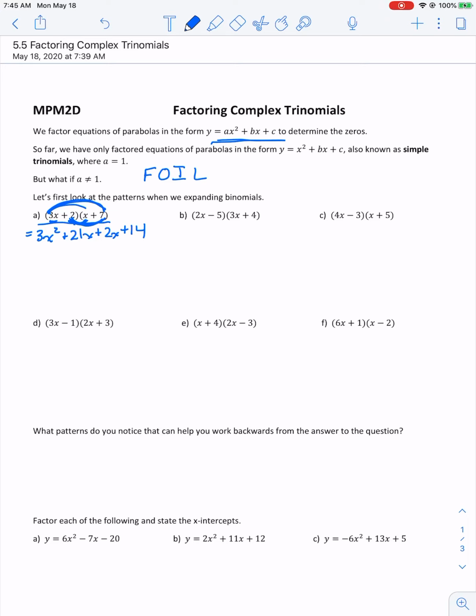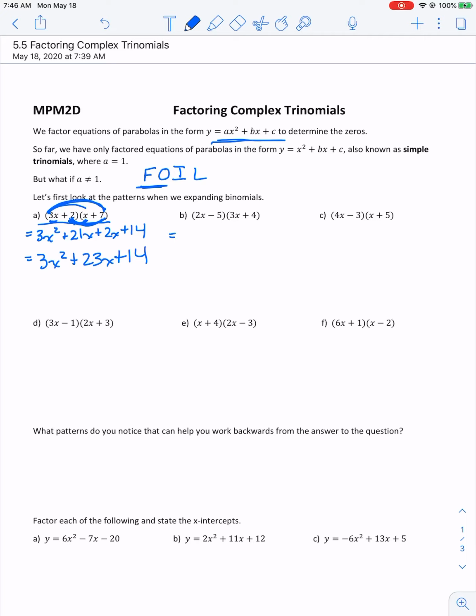Okay, now we've got 3x squared plus 21 and 2 is 23x plus 14. Now the next one I'm going to write down slightly differently, and then maybe we'll look at some patterns. So basically what we did is for the F and the O in FOIL, you're taking the first term in the first bracket and multiplying it by the second bracket.